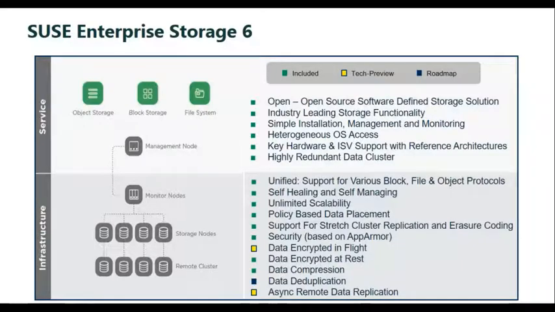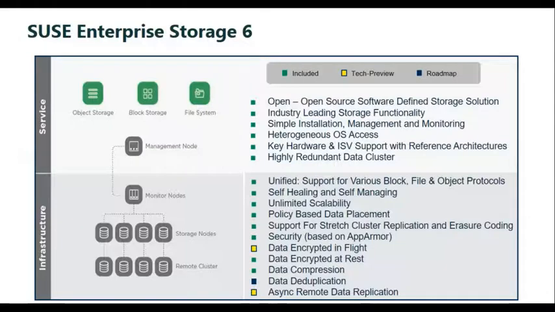Still, in the next version, data deduplication is being introduced as a tech preview, and we'll be really happy to look at how customers are adopting it. While we say that, we have data compression, which is already GA and part of SUSE Enterprise Storage 6. So for all our partners who are listening to me right now, these feature sets are something that would help us when we are trying to respond to a particular requirement, or mainly in case of RFPs.